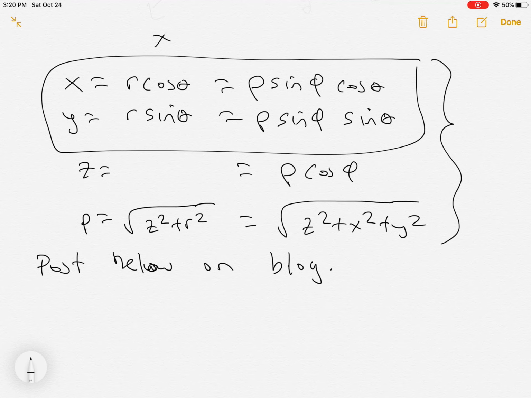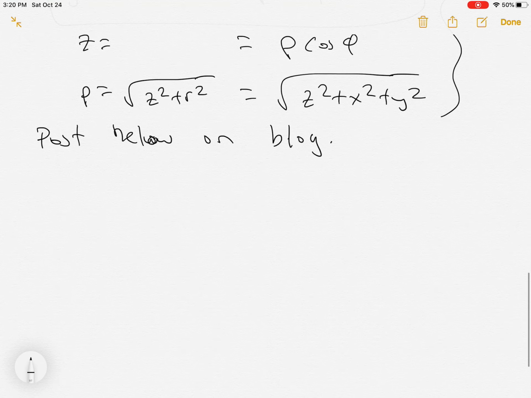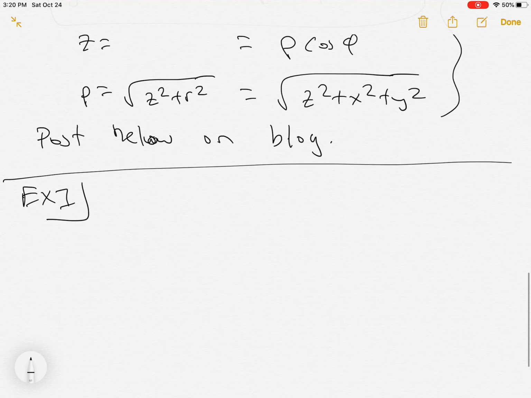All right. Well, let's look at an example that probably has spherical coordinates and figure it out.